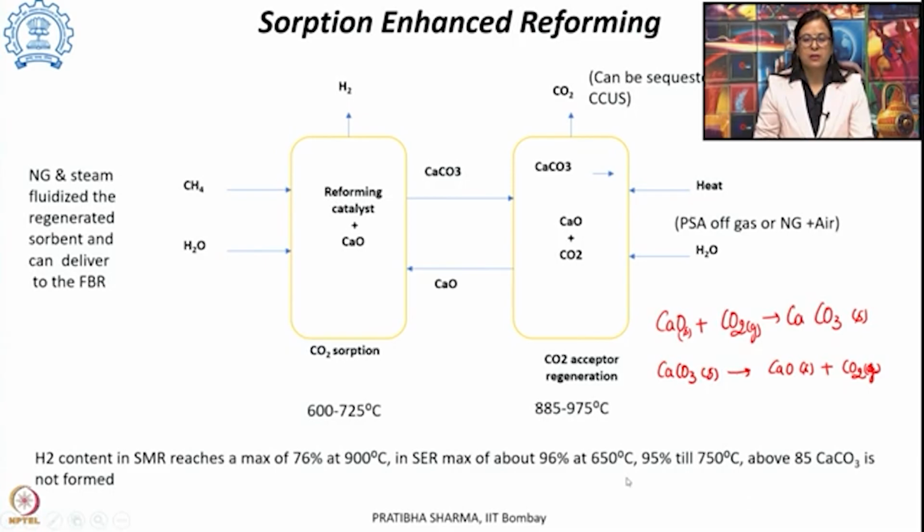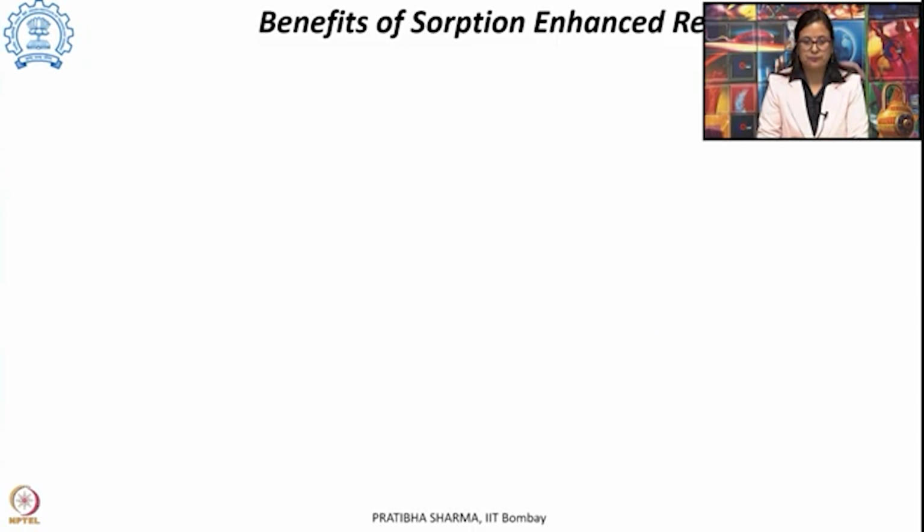If the temperature is further increased to 750 degrees centigrade, then about 95% hydrogen could be achieved, but above 850 degrees centigrade, calcium carbonate is not formed and the absorption of carbon dioxide does not occur.